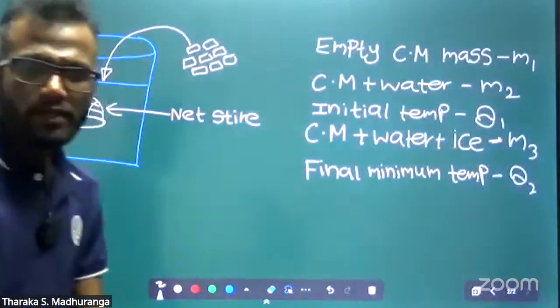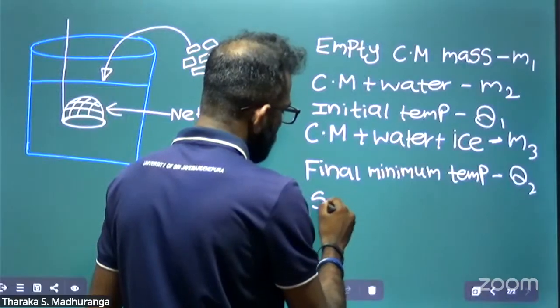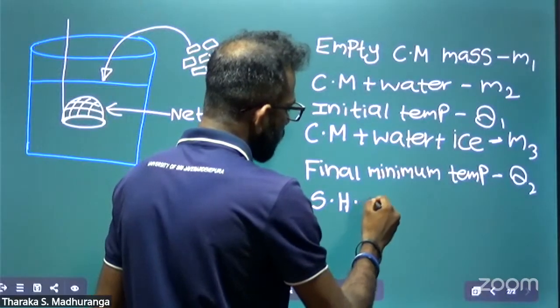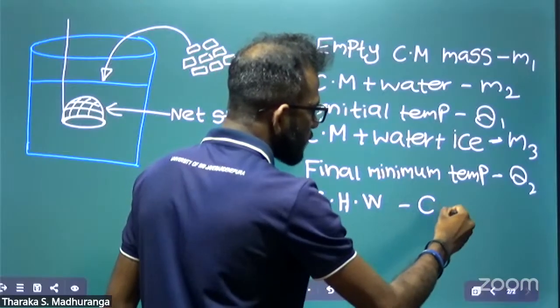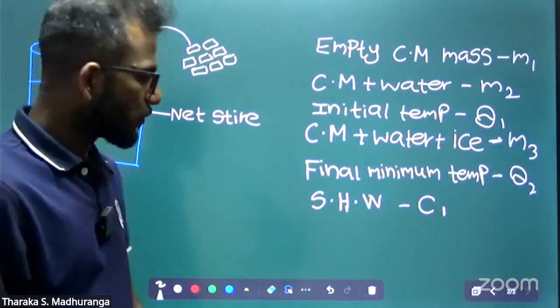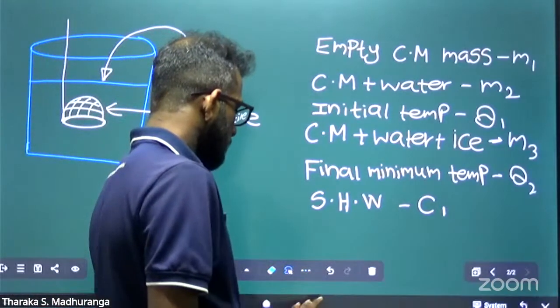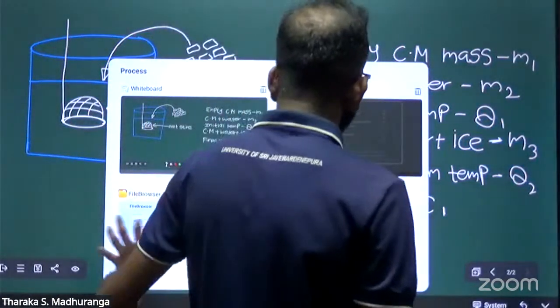After that, as previously, the specific heat capacity of water is required. Let's say it is C1. Wait, it's better to use the symbol as given in the tube.